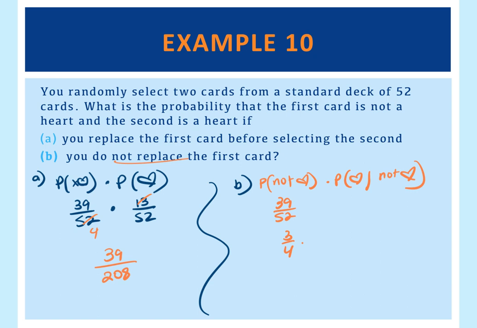And then the probability of getting a heart after not getting a heart, there are still the same amount of hearts that we began with, which is 13. But you did pull a card out of the deck, which means my deck went down to 51. So this is times 13 over 51. 3 goes into 51 17 times, and I get 13 over 68.